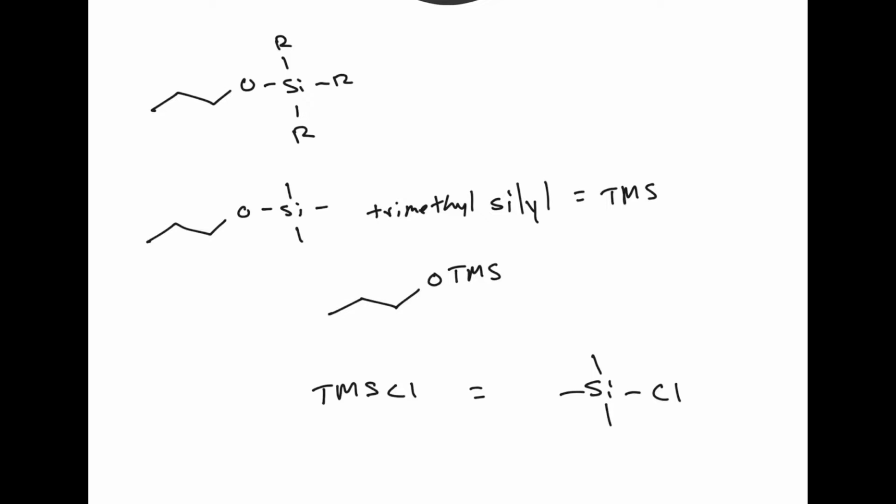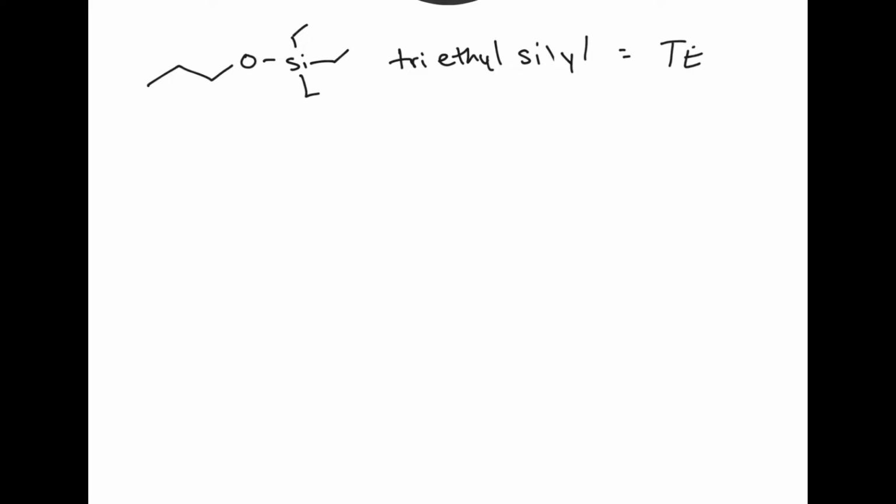As we get bigger carbon groups, the groups become a little bit harder to put on, but they stay on a little bit better. So you have a little bit more wiggle room. So there's TMS. Next size up is TES, triethylsilyl, abbreviated TES.